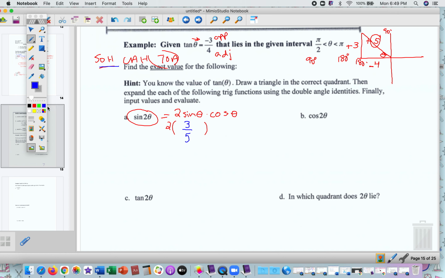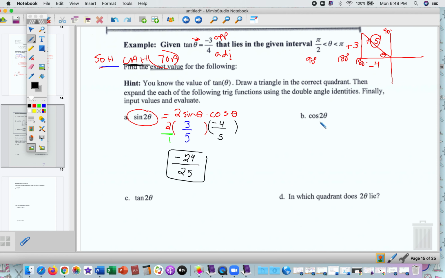Then we have cosine of theta. So cosine is adjacent over hypotenuse. So the adjacent would be negative 4, hypotenuse would be 5. I'm going to put the 2 over 1. And we'll multiply in the numerator. So 2 times 3 times negative 4 will get negative 24. And in the denominator, 1 times 5 times 5 is 25. We can't simplify.